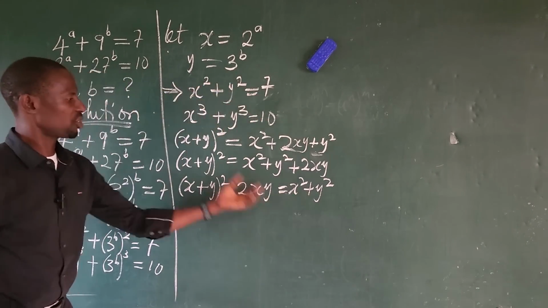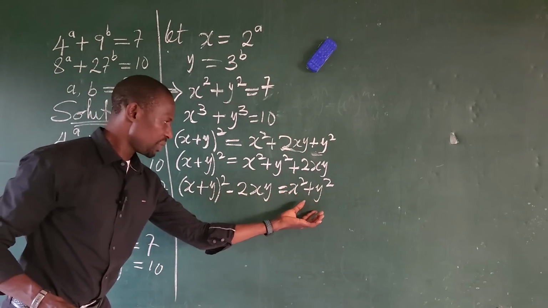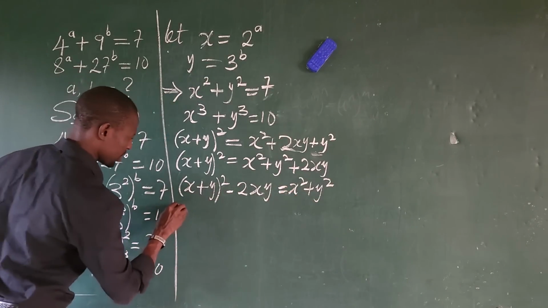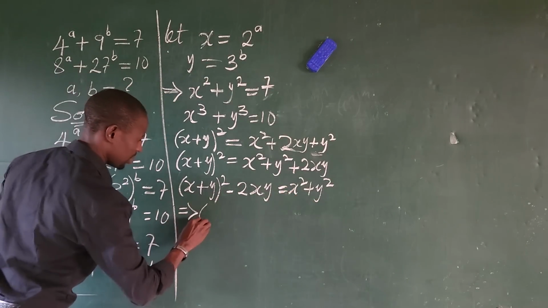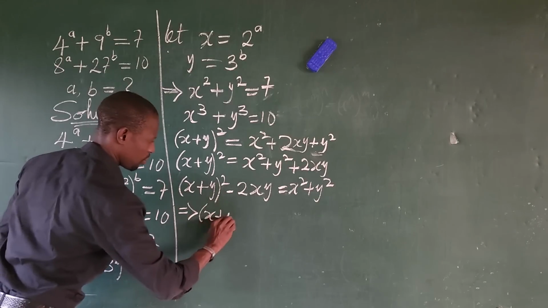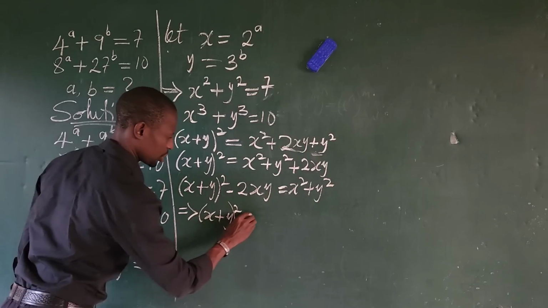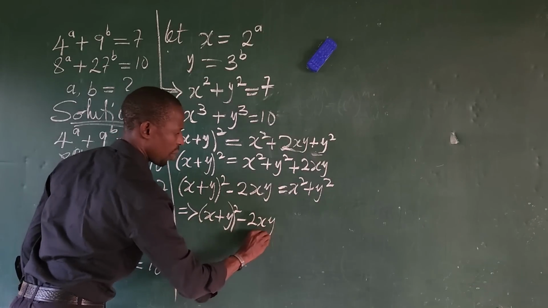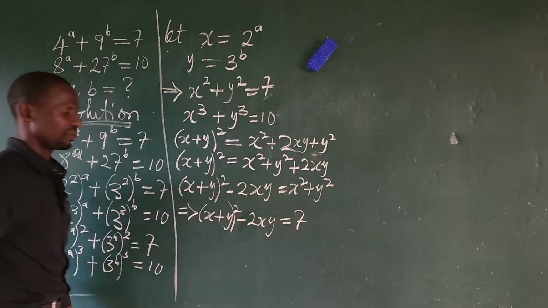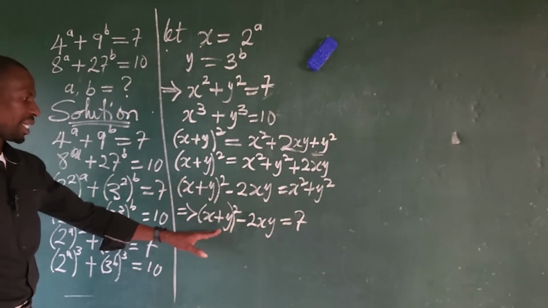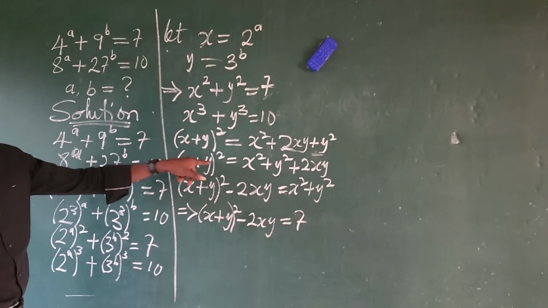So we can equally replace this with 7. This now implies that (x + y) all squared minus 2xy is equal to 7. So we formed another expression from here now.